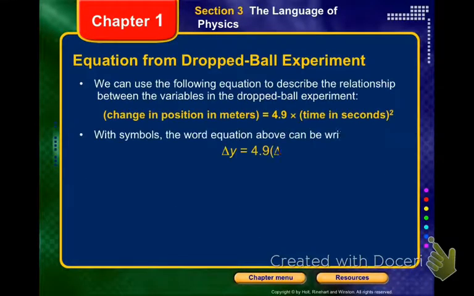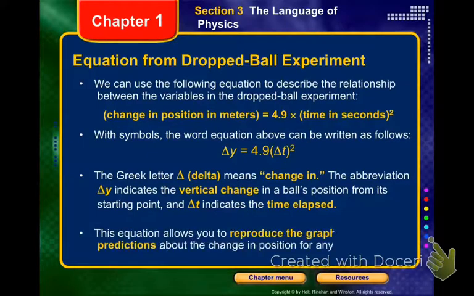Right here they're giving you specific information as far as how that drop ball experiment worked with Galileo. They give you words, and then they turn around and give you symbols to tell you what change in position means.